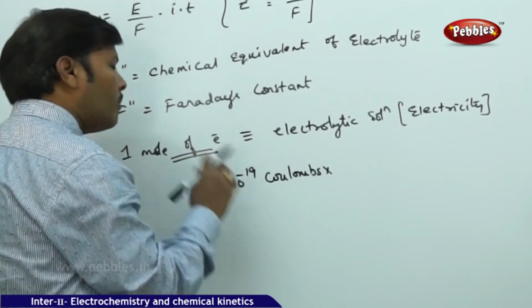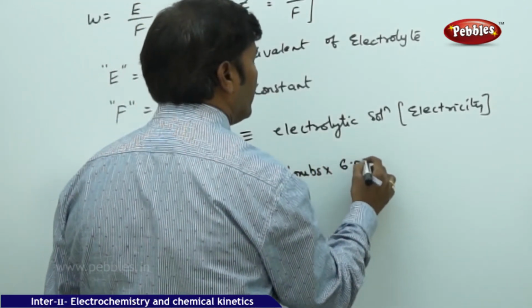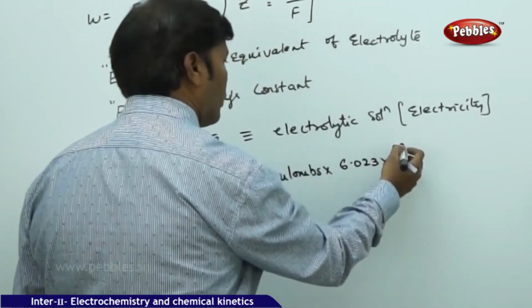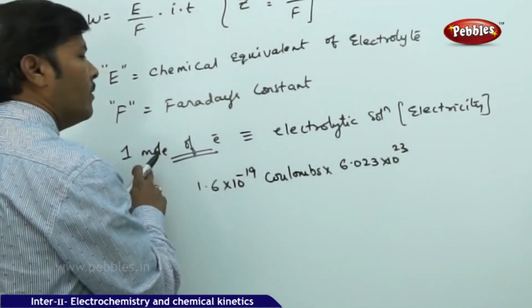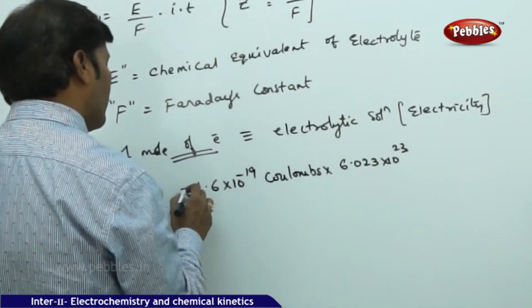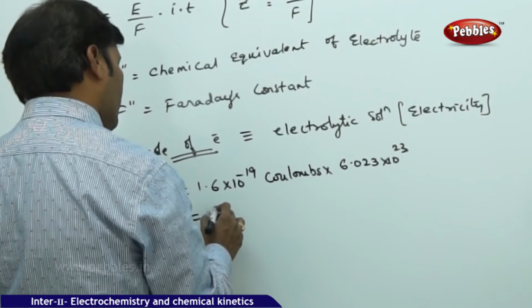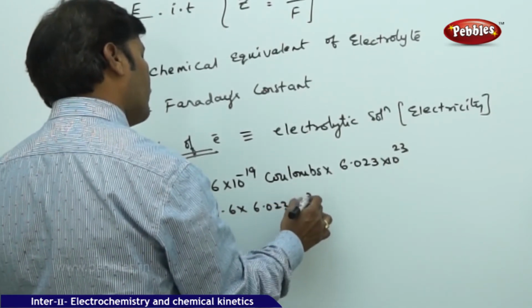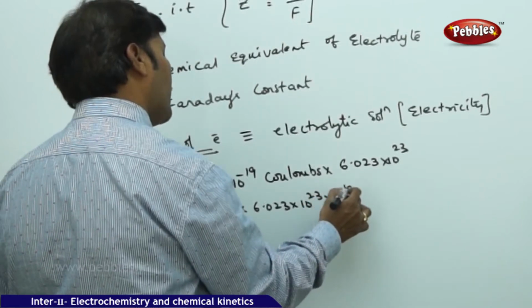And 1 mole of electrons means you multiply it with 6.023 into 10 to the power of 23 electrons. So this is nothing but 1.6 into 6.023 into 10 to the power of 23 into 10 to the power of minus 19.